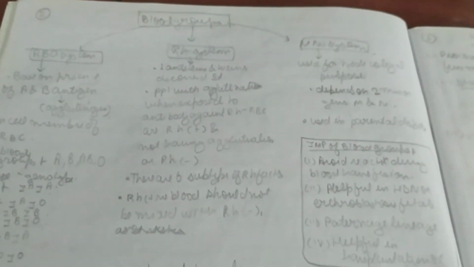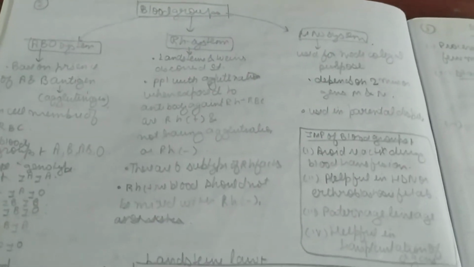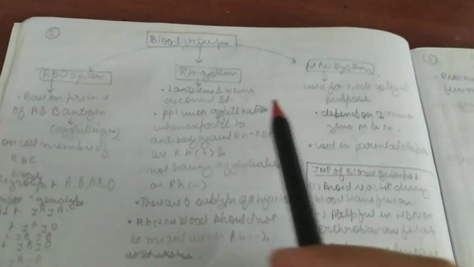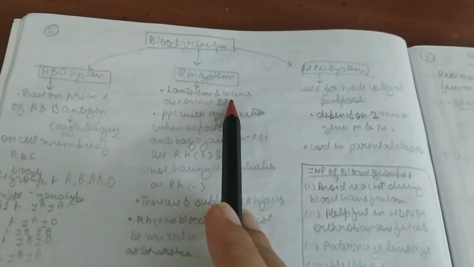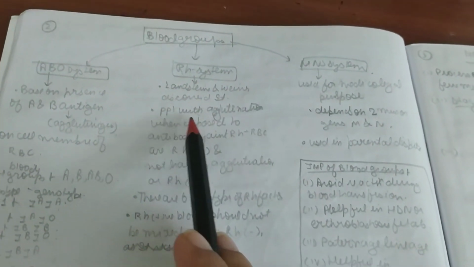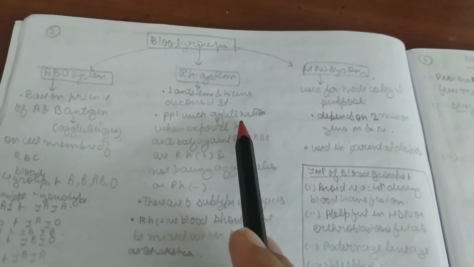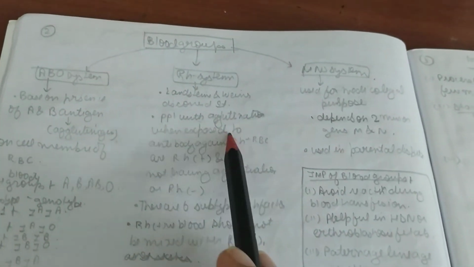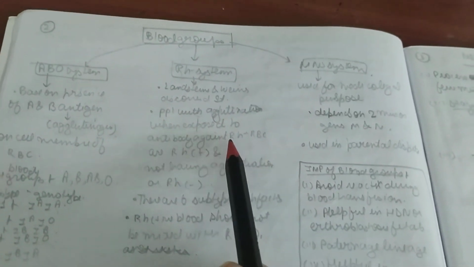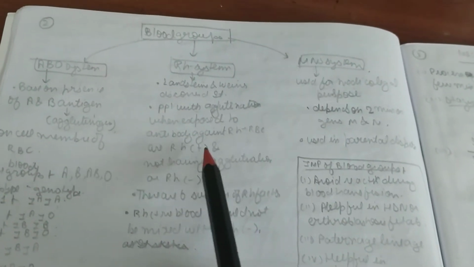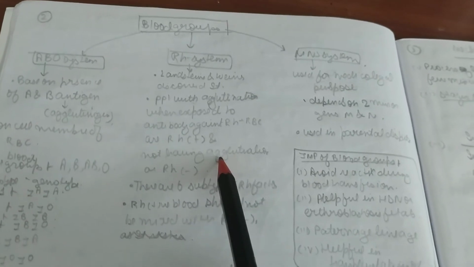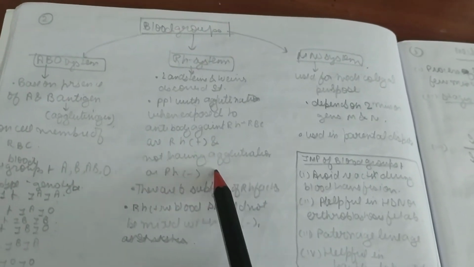So now let's talk about the RH system. It was discovered by Landsteiner and Wiener. People with agglutination when exposed to antibody against Rh RBC are Rh positive, and not having agglutination are Rh negative.